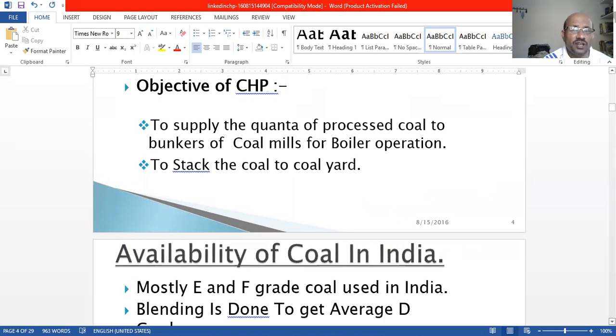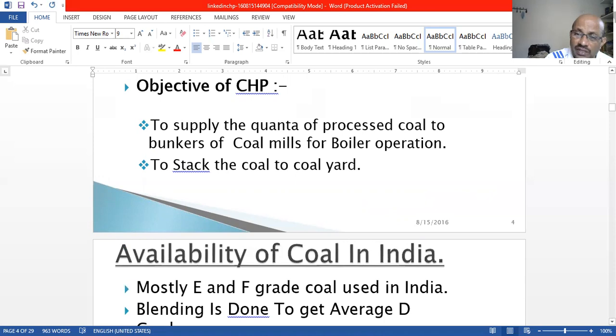This processed coal is sent to the bunkers of coal mills for boiler operation. We throw this coal into the furnace of the boiler, where the coal is ignited. We also store this coal at the coal yard. Without storing, it is very difficult.